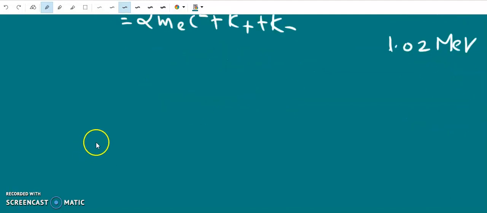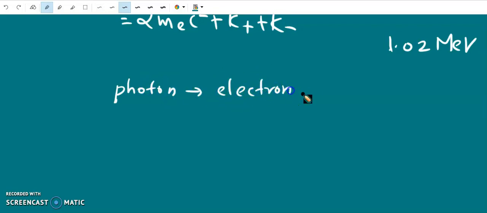Symbolically, in the pair production process, a photon materializes into an electron and positron. And we have already seen that this process will not occur unless there is a nearby atom to supply the necessary recoil momentum. That means the law of conservation of momentum is not satisfied without the help of an external nucleus.